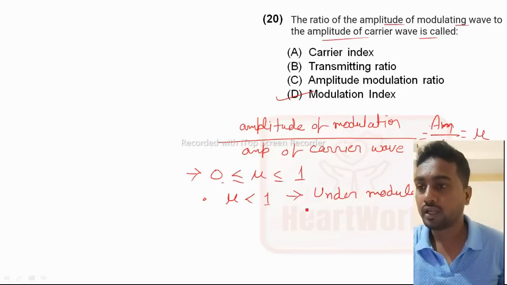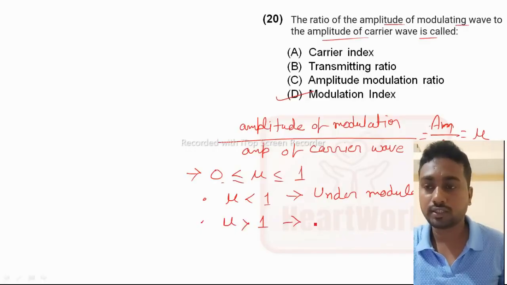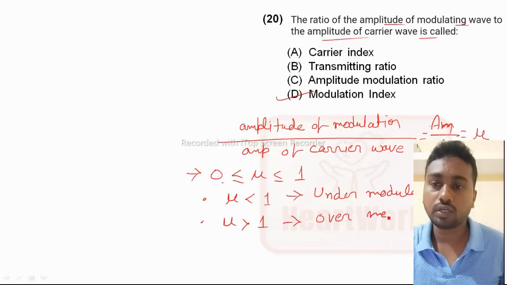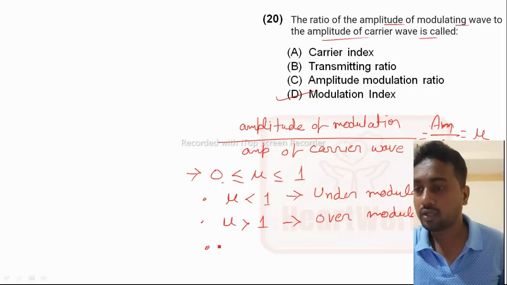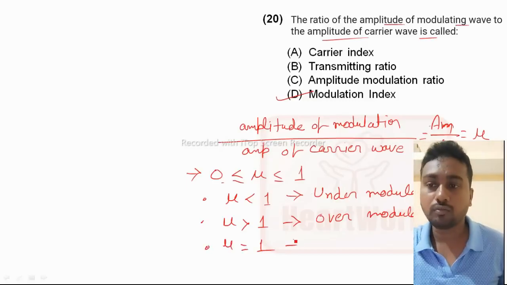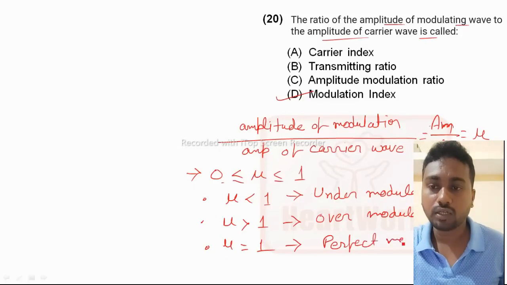If mu is greater than 1, then it is called over modulation. And when mu is equal to 1, then it is called perfect modulation.